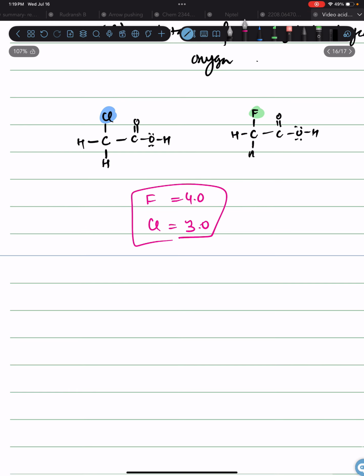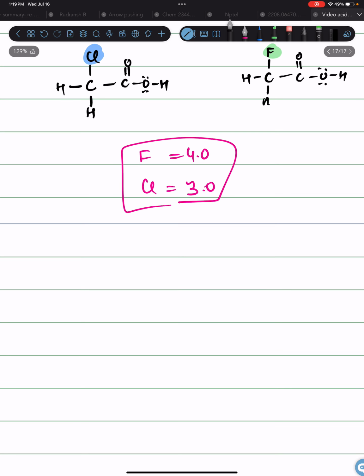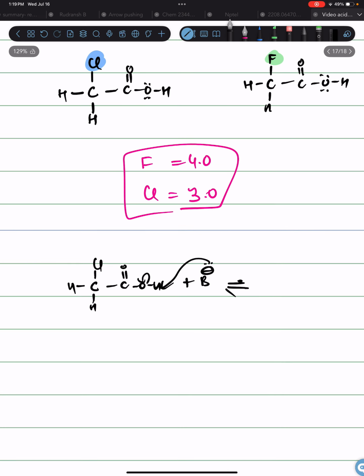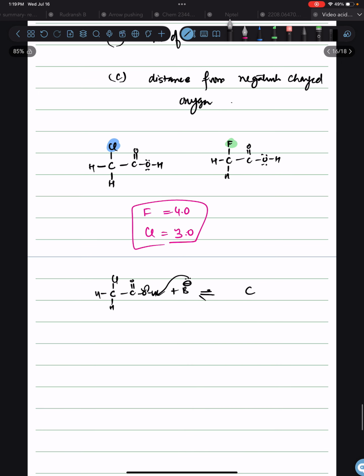So the anion which bears fluorine will be much more stable as compared to that with chlorine. If you want, you can write down the complete reaction: chlorine compound with a base which abstracts the most loosely bound proton, giving BH and the carboxylate anion.